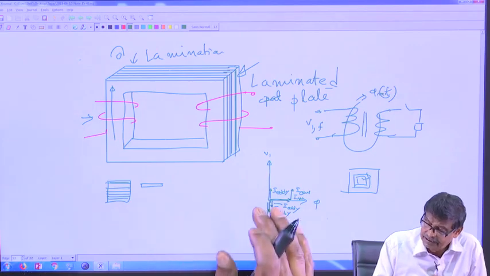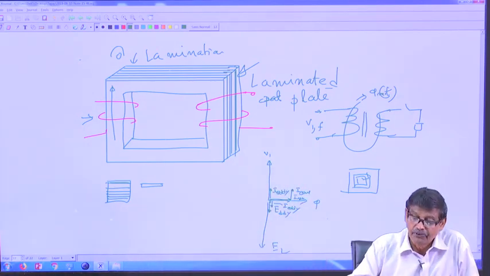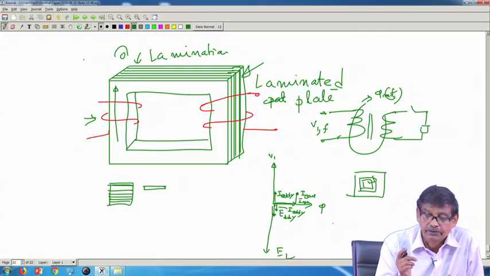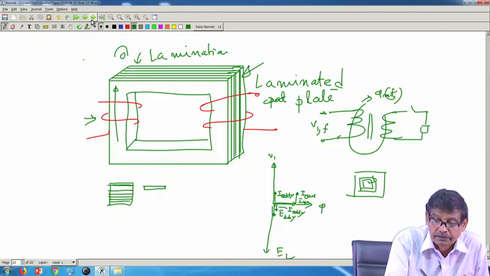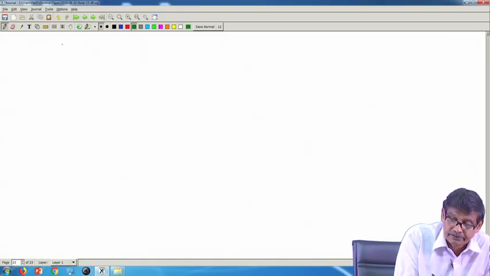Now, after I have done this, I will come to this complete phasor diagram slightly later. Before that, I will tell you something about another component of the loss, that is called hysteresis loss.